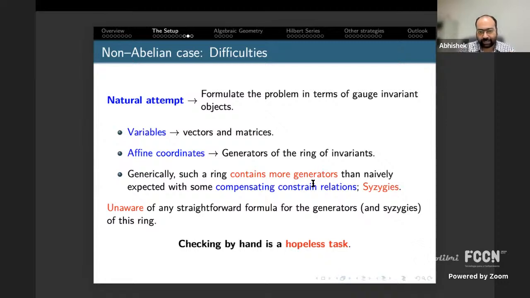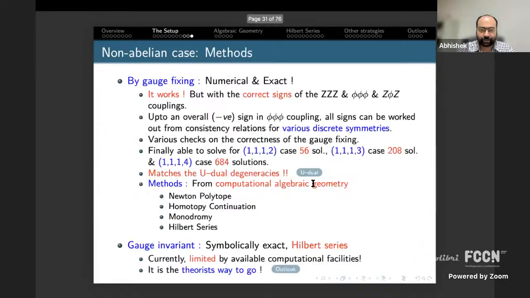The vacuum manifold has to be spanned by gauge invariant combinations of these fields. So we are not able to find the correct set because of this issue of having a lot more generators and then compensating relations called syzygies.